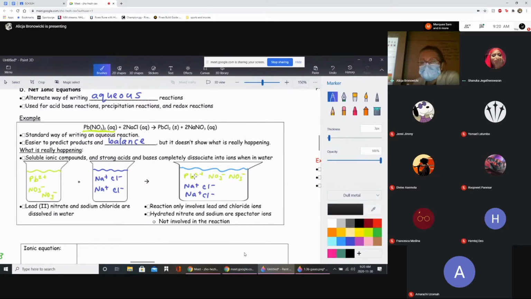When this lead meets the chloride, they're going to bump into each other and stick together and form a precipitate.